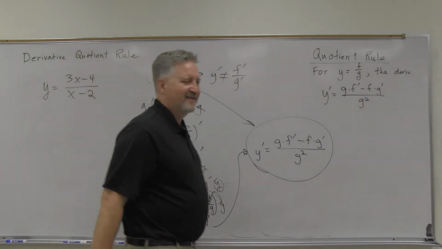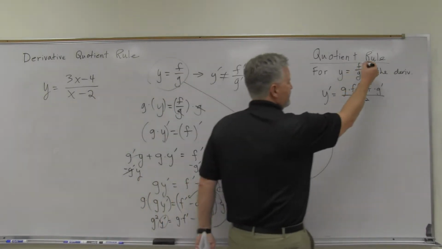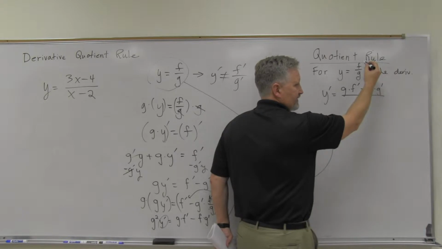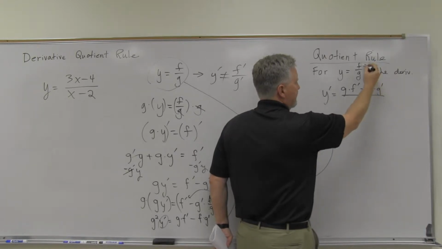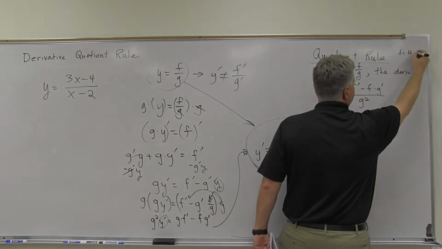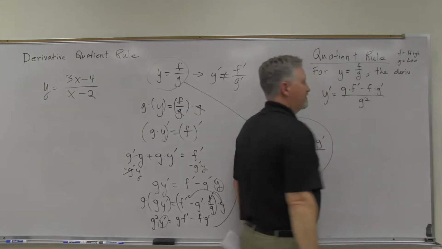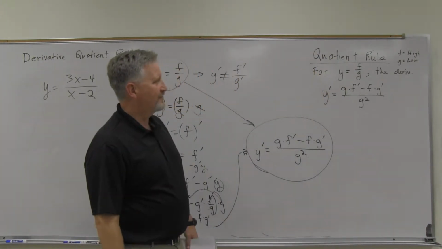Here's one way, maybe. This is the way I remember it. If we think of f and g as high and low, f is high, g is low, the high function and the low function, what have I got?